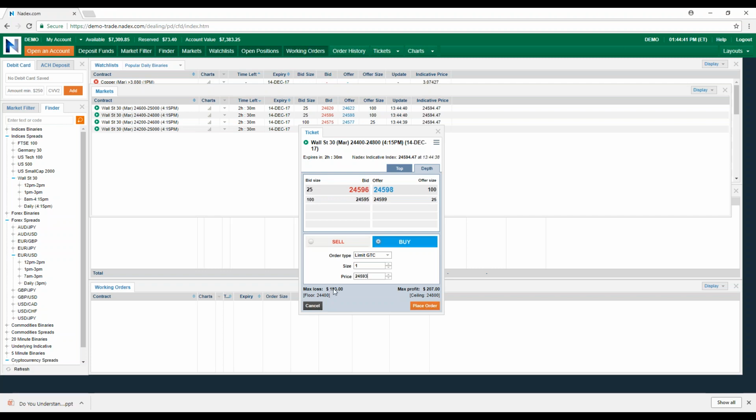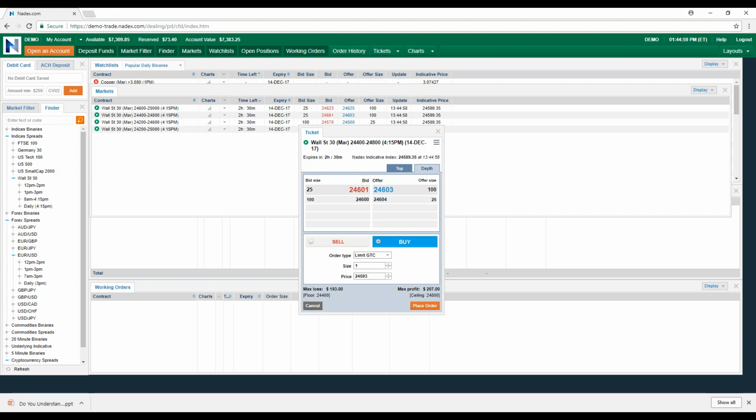So if I got into this trade and it went against me 20 points and I got out, how much money did I lose? Went against me 20 points, $1 per point, 20 points is 20 bucks. Okay?